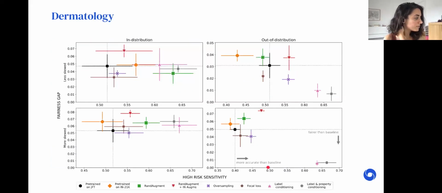Here I'm showing an example on sex, where the top row is looking at the less skewed setting. So we make the data set skewed towards a particular demographic attribute by removing samples from the underrepresented attribute from the training set, agnostic to the condition distribution, so the diagnostic condition.